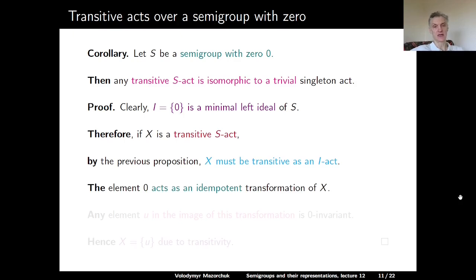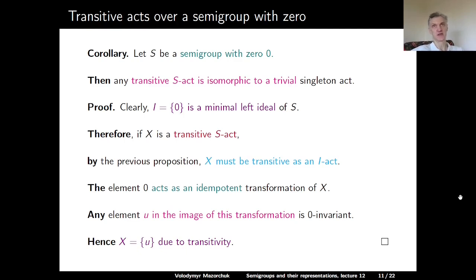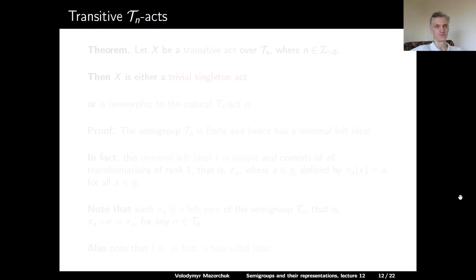The element 0 acts as an idempotent transformation of X, and any element in the image of this idempotent is invariant under this idempotent. And so X must coincide, due to transitivity, with this element in the image, so it must be a singleton. So we have now described all transitive acts over semigroups with a 0 element.